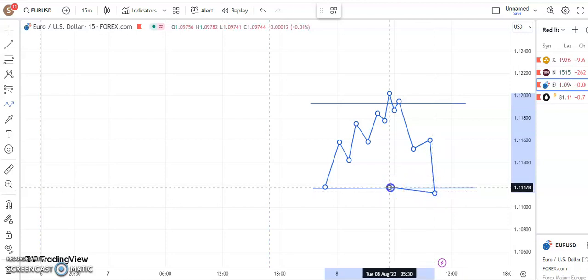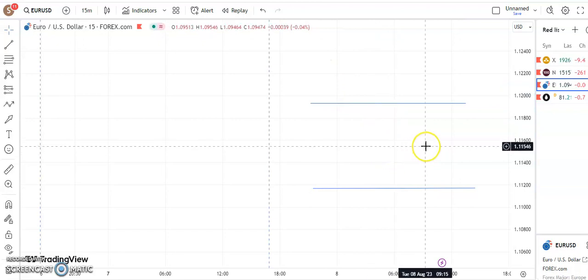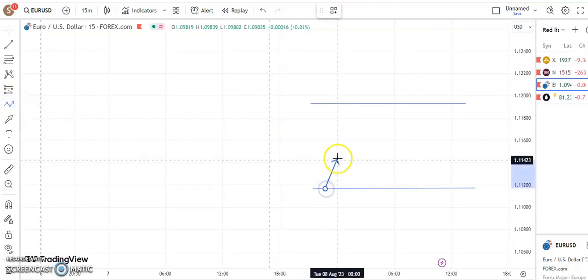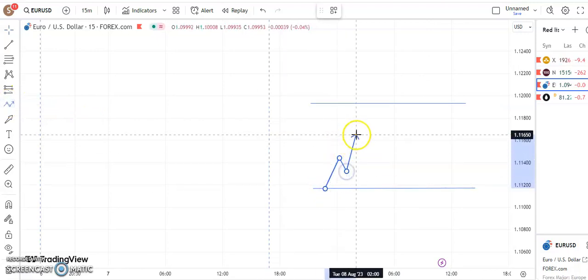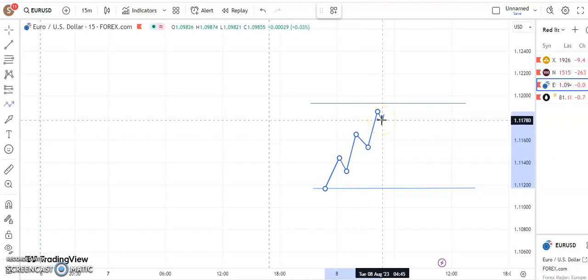And the last one, the market might just break out, pull back and consolidate. What we are interested in is a market that pushes up like that. That is in Asia and London.